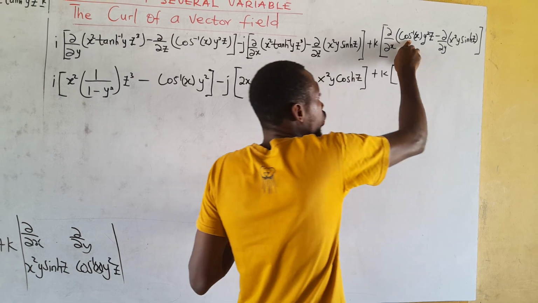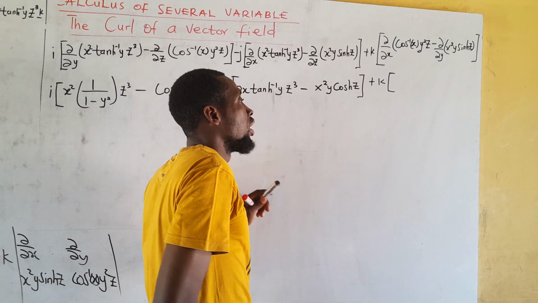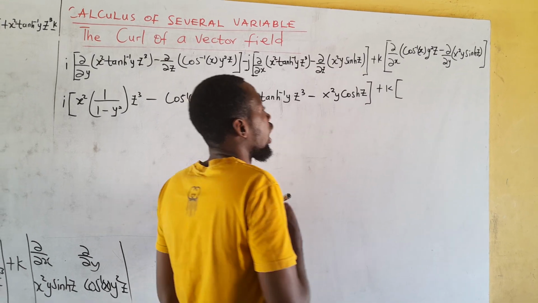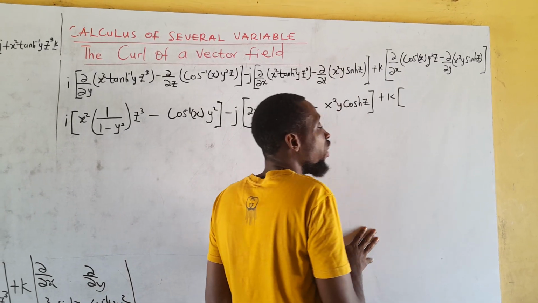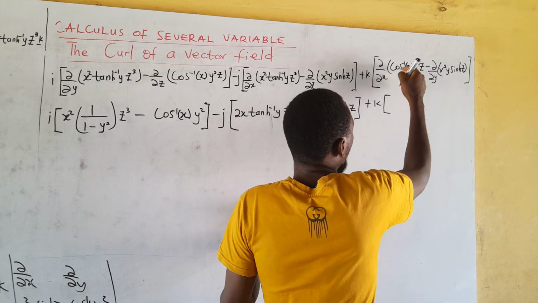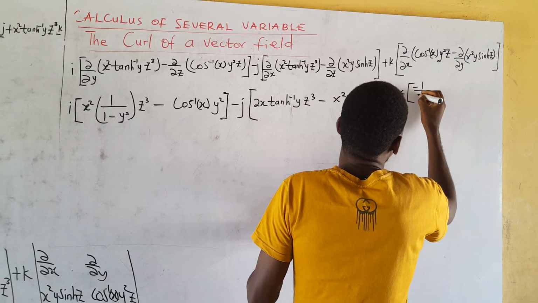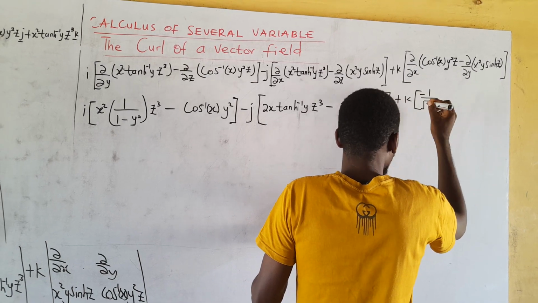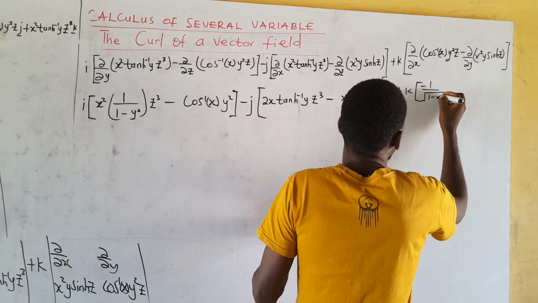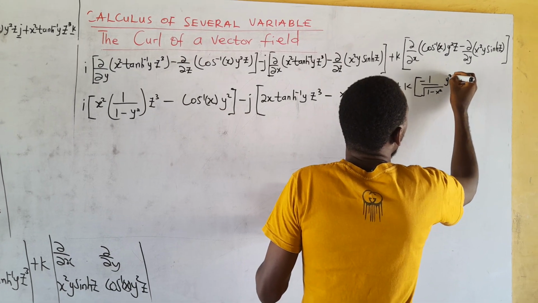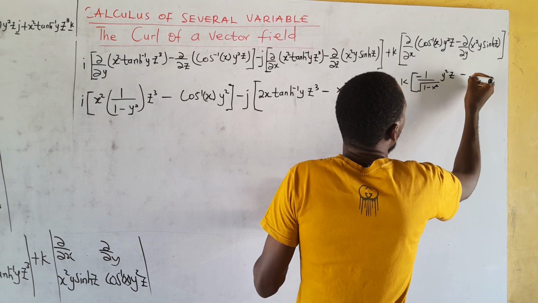So the differentiation of cos inverse of x. Please, this is the differentiation of inverse circular functions. Check out my videos on how to differentiate inverse circular functions on YouTube. On differentiating this, we'll get negative 1 all over the square root of 1 minus x squared, then times our y squared z, then minus.